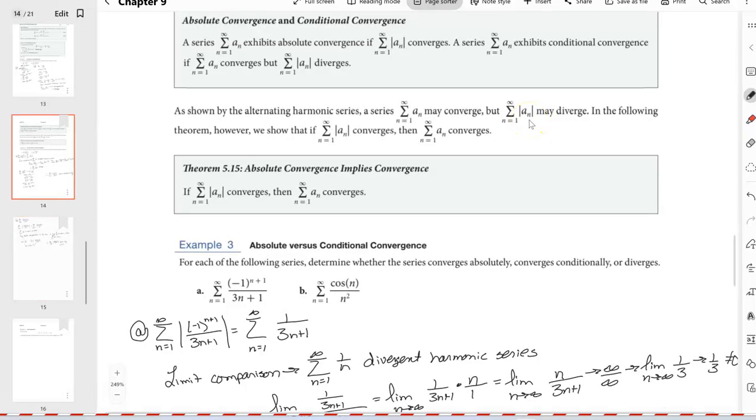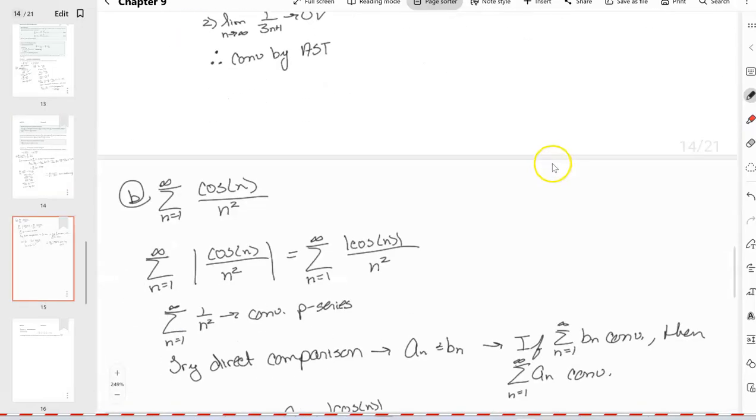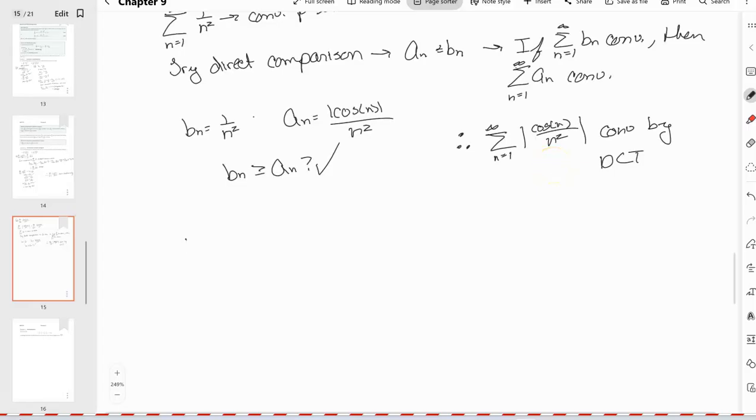So by theorem 5.15, the sum from n equals 1 to infinity of cosine of n over n squared converges. So we would say this series converges.